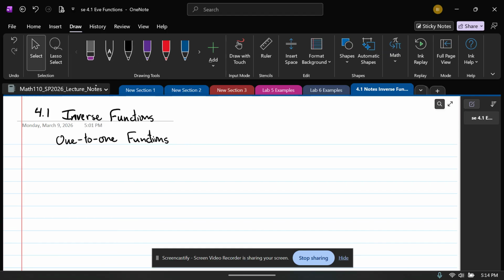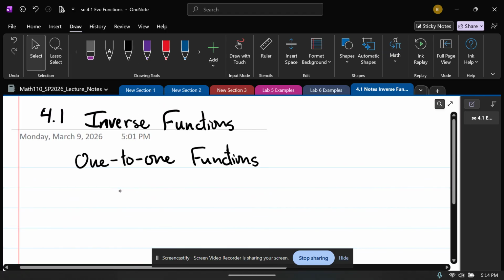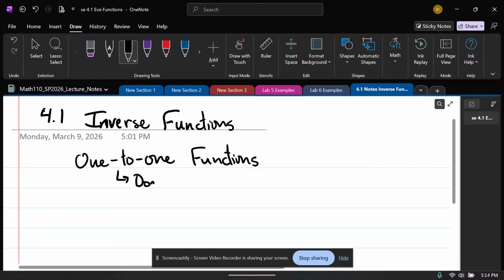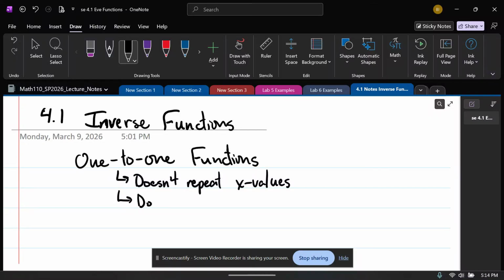So, inverse functions. First thing that we want to talk about is a one-to-one function. A one-to-one function is a function that doesn't repeat x values, and it also doesn't repeat y values.